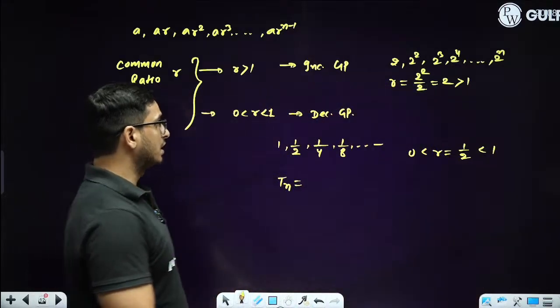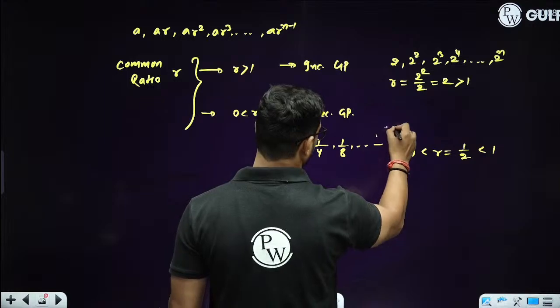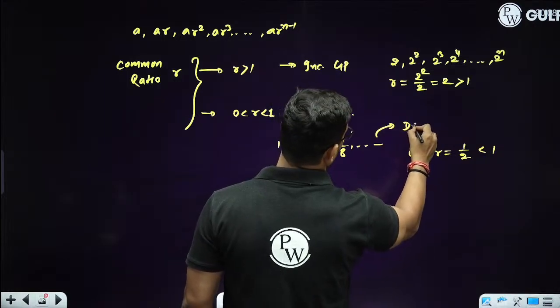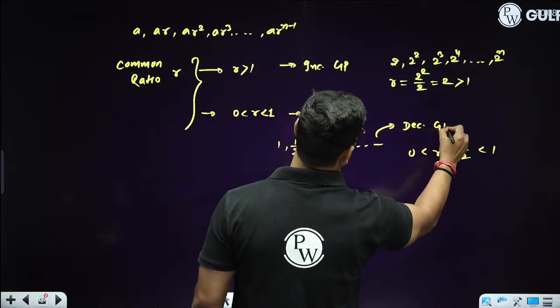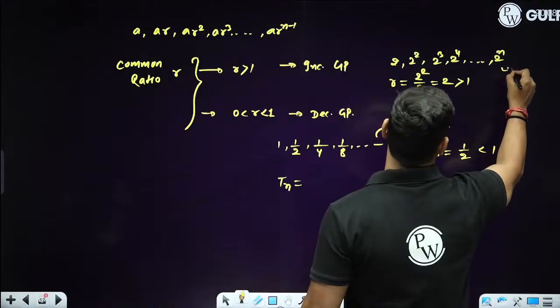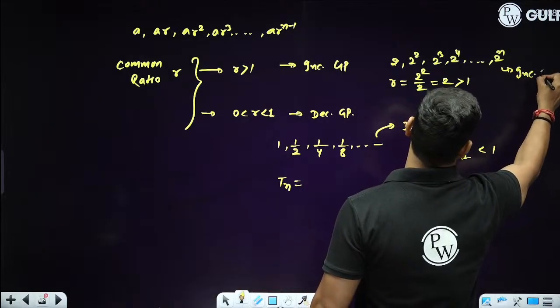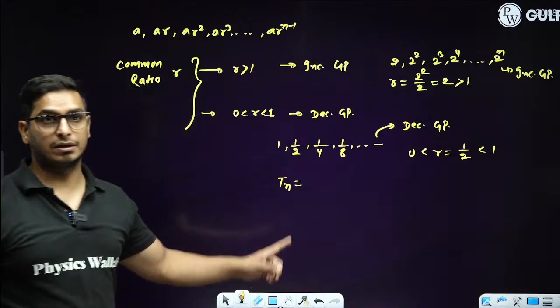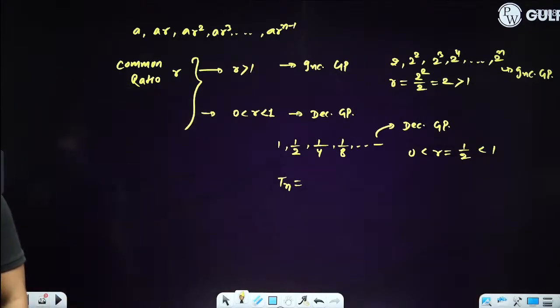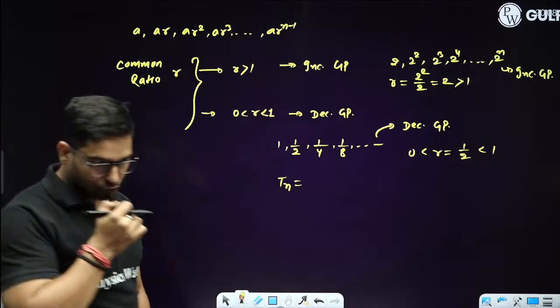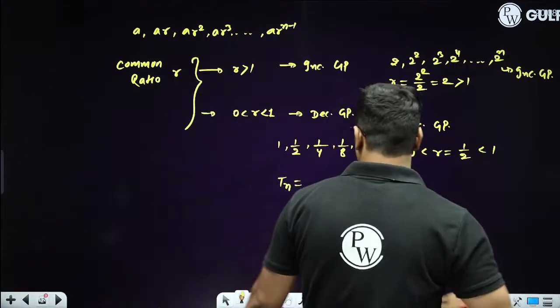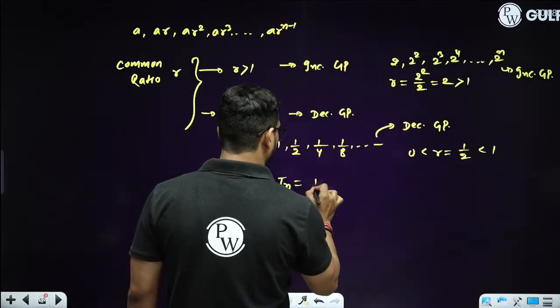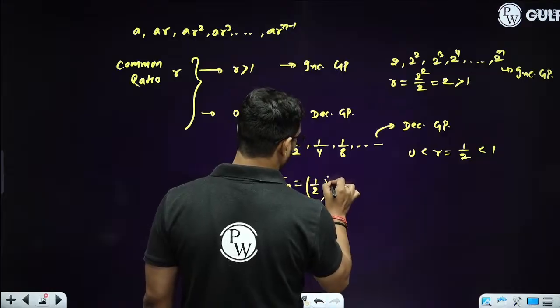So in this case, this GP is called a decreasing GP. The previous one is an increasing GP. Tell me Tn, the nth term: 1 by 2 raised to the power n minus 1.